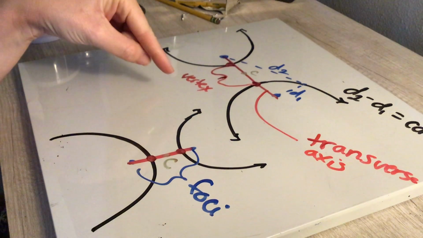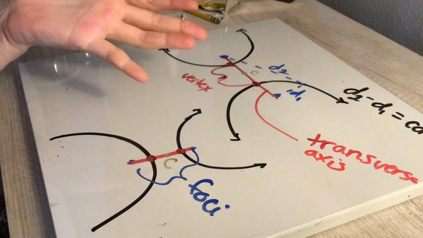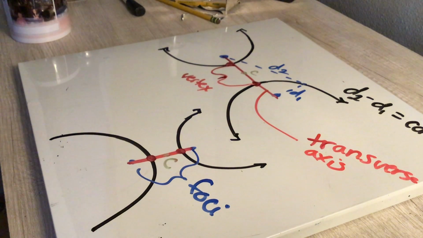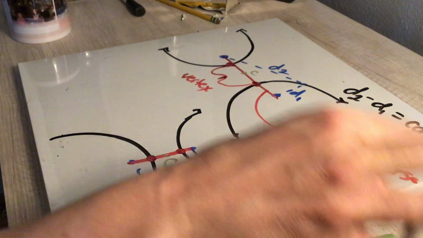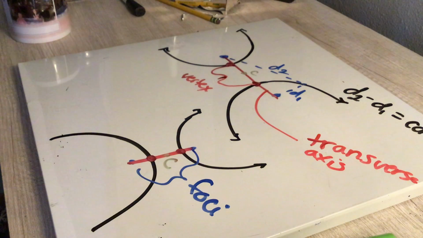These two branches are identical, and they also contain two asymptotes. The asymptotes are the diagonals of a rectangle that's centered at the hyperbola's center.